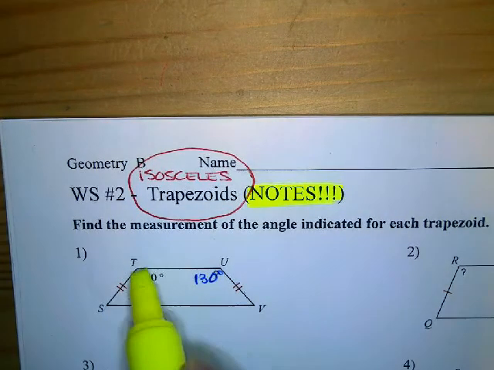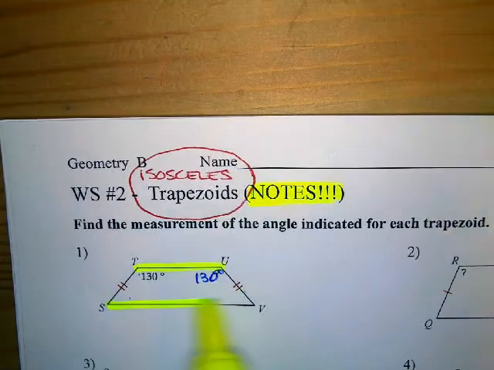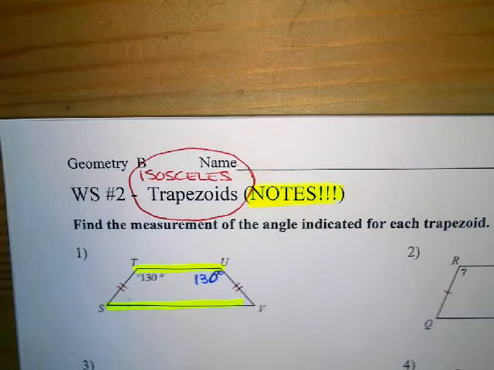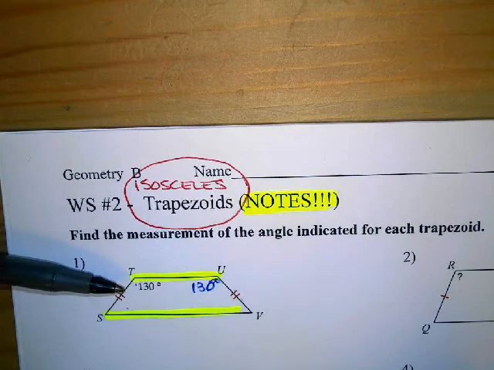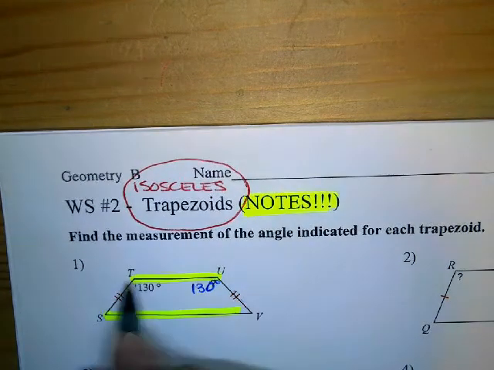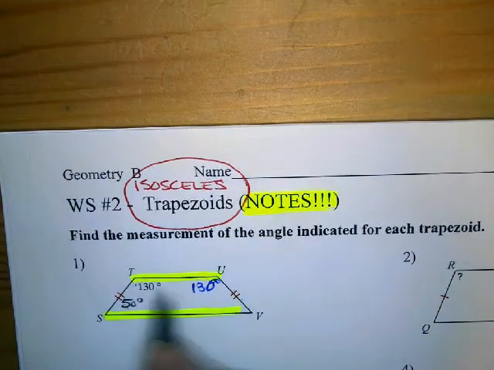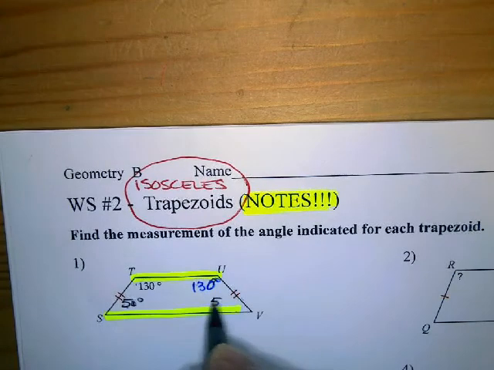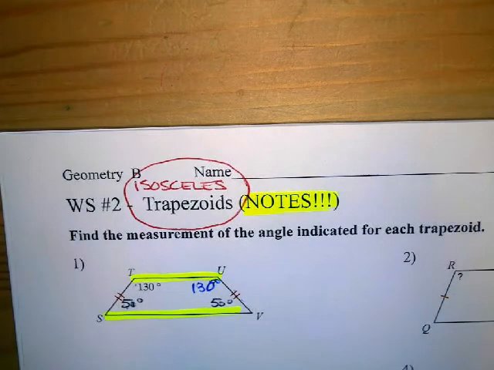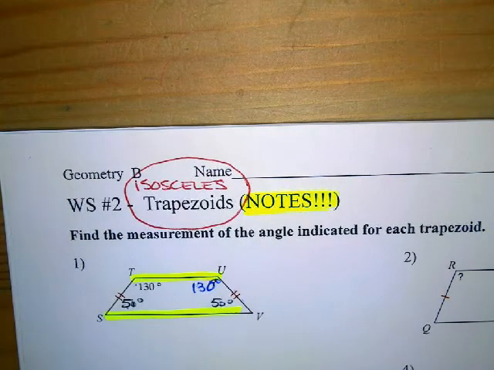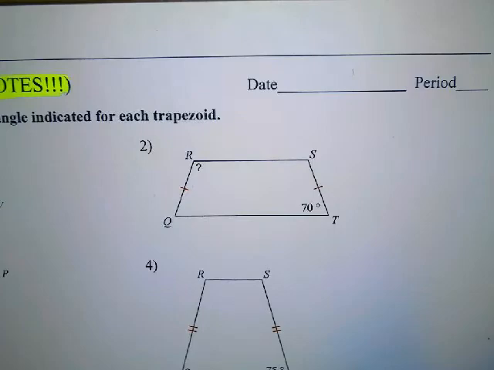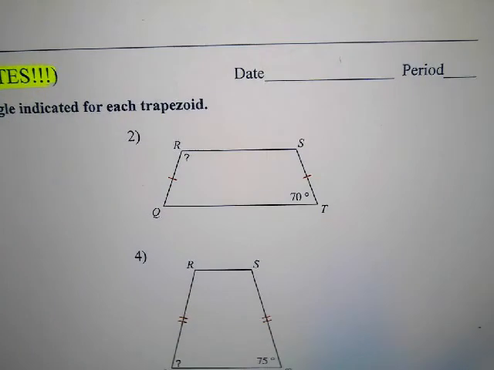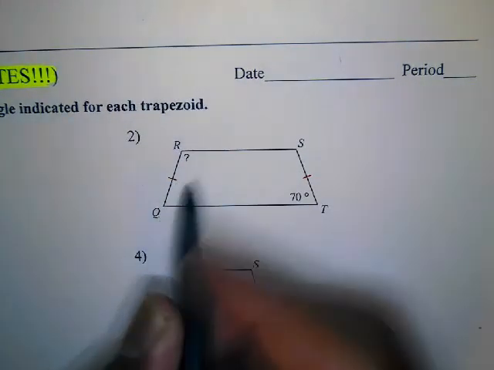And I know it's not asking you for these over here, but remember, if these lines are parallel, then this way, these same side angles add up to 180. So that means that this one's going to be 50. And this one's going to be 50, right? Because 130 plus 50 is 180. Okay, simple as that.